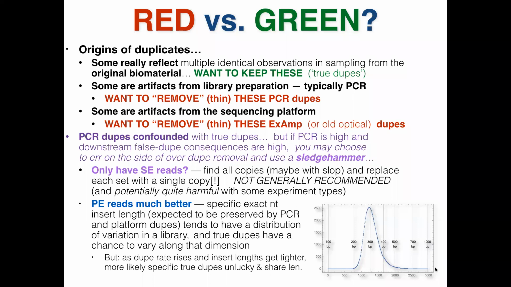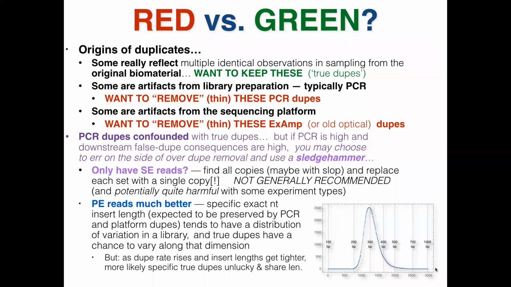But if it's a PCR dupe or an ExAmp dupe, the insert length will be exactly the same. Because when PCR or ExAmp duplicates this molecule, it duplicates from adapter through the other adapter, and the whole construct will be exactly the same. So the insert length will be exactly the same, whereas the true ones vary.